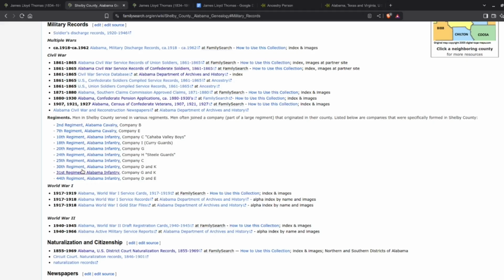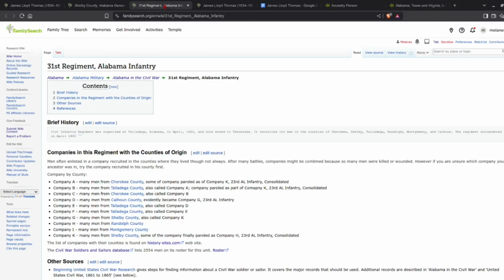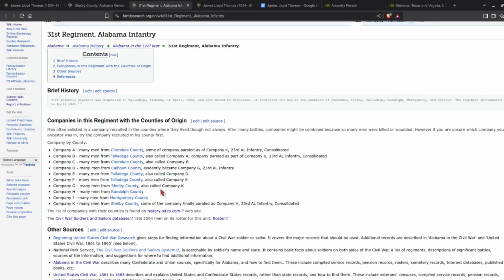Here is the 31st Regiment Alabama Infantry. So that's good to know. And there is a link here so we can go and learn a little bit more. And here are the different companies and where they came from. Now, Company C says mostly men from Cherokee County were in that regiment.